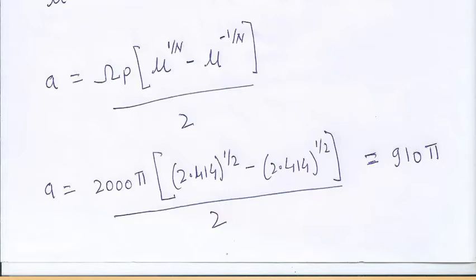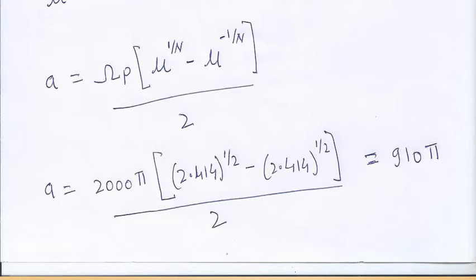The minor axis is denoted as A, and the major axis is denoted by B. The minor axis A can be computed using the formula displayed on the screen.